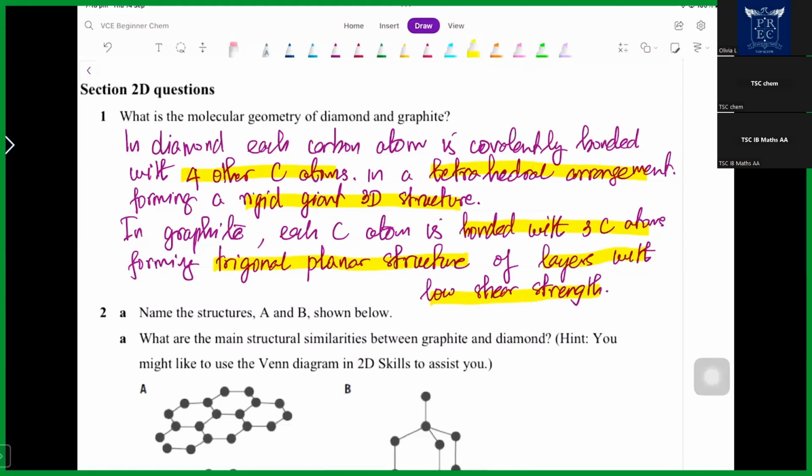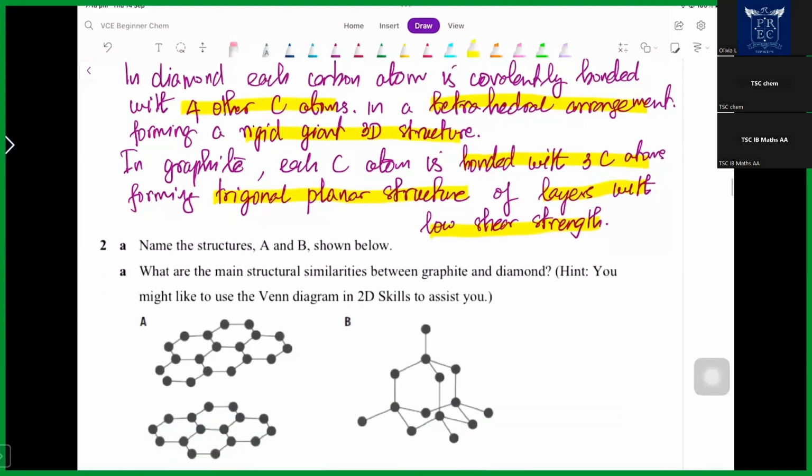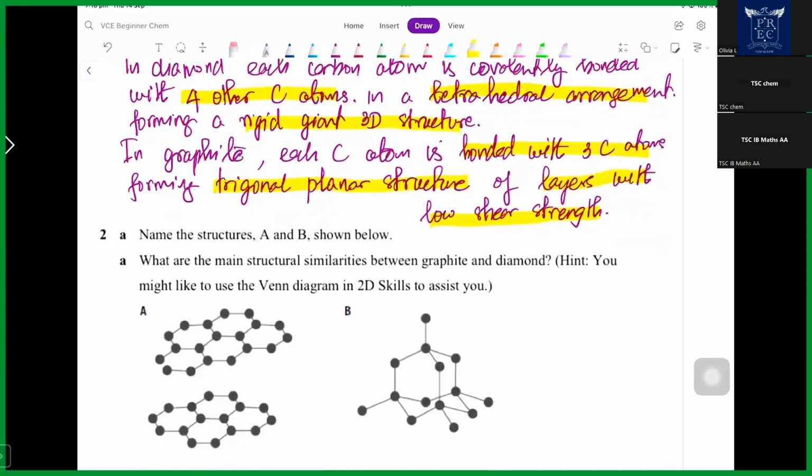Okay, let's look at question number 3. Question 2 is just kind of repeated, so you should be able to do it.